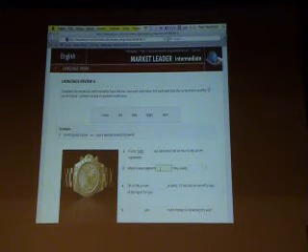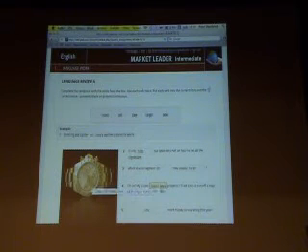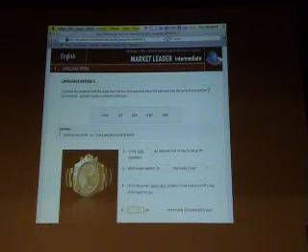Which market segment? Oh no, my printer. Next one.